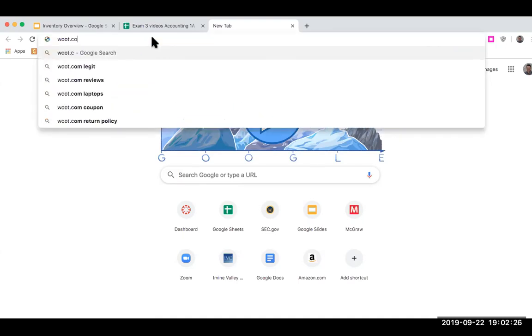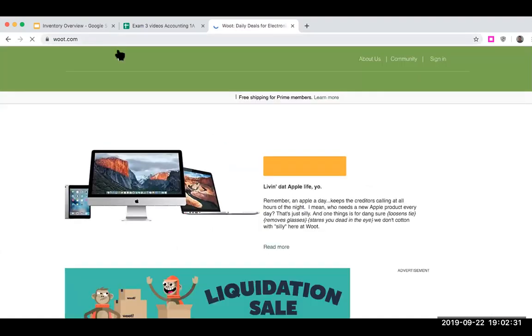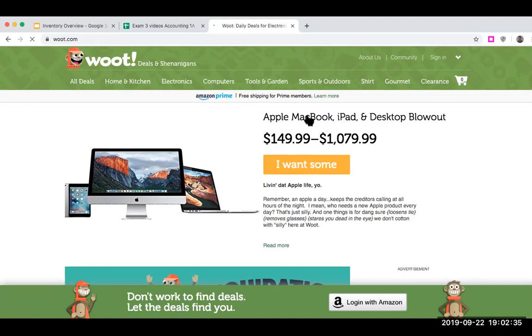If I go over here to one of my favorite websites, which is called woot.com, and it's working, perfect. Okay, so Apple, MacBook, iPad, and desktop blowout. Sweet, let's check this out.